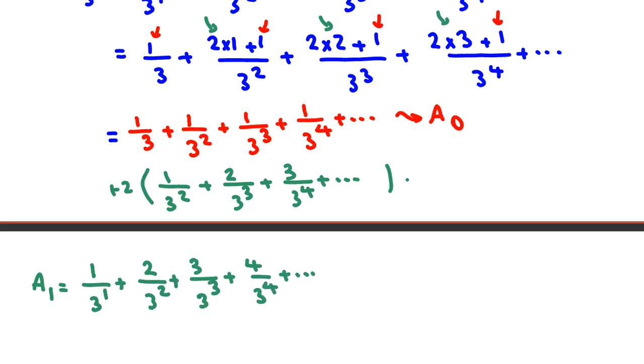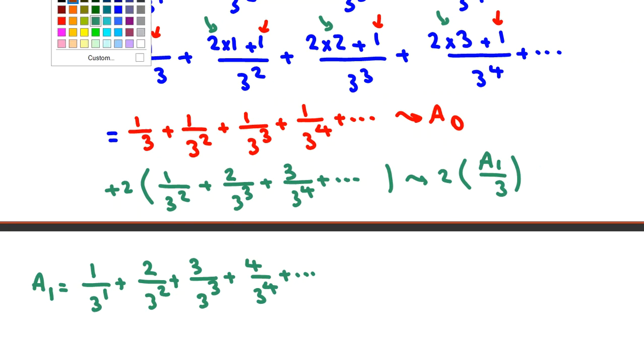So what's the relationship? It is 2 times the thing inside this part. The relationship is exactly a1 over 3. So you can divide it by 3. This part by 3, it will be 1 over 3 squared, 2 over 3 cubed. It will be 2a1 over 3.